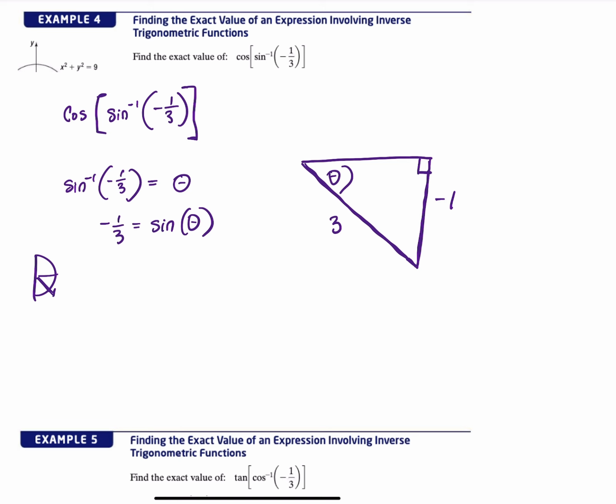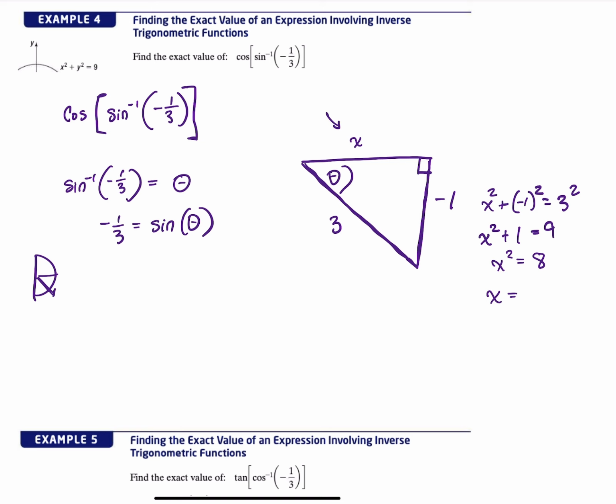And then let's solve for that missing side length. So let's call this x. We'll say x squared plus -1 squared should equal 3 squared. So x squared plus 1 equals 9. That means x squared equals 8. Let's take the square root of both sides.